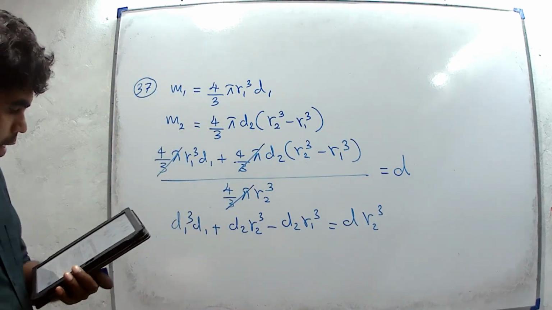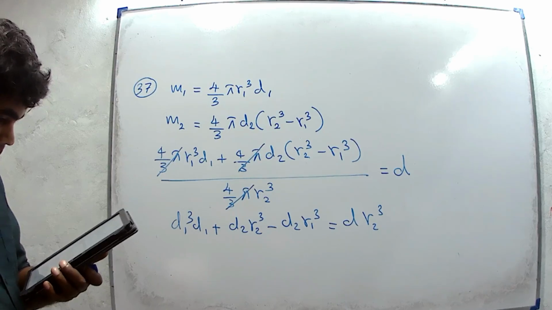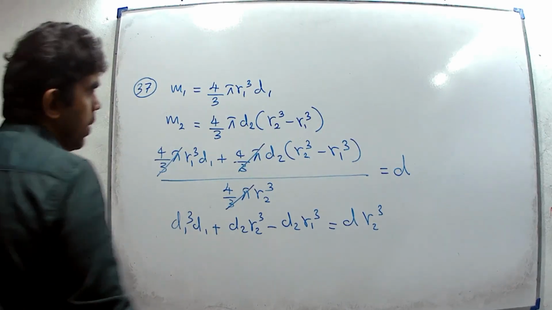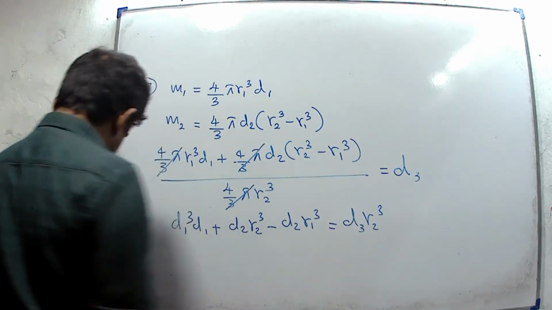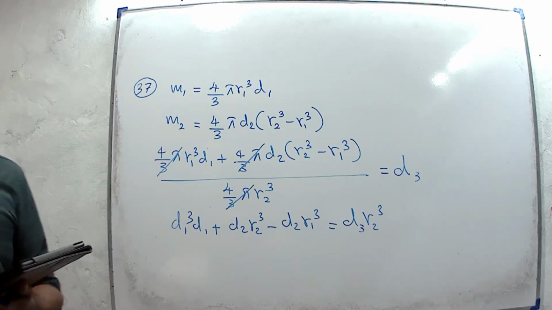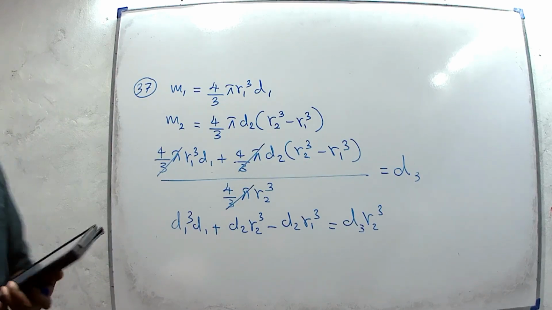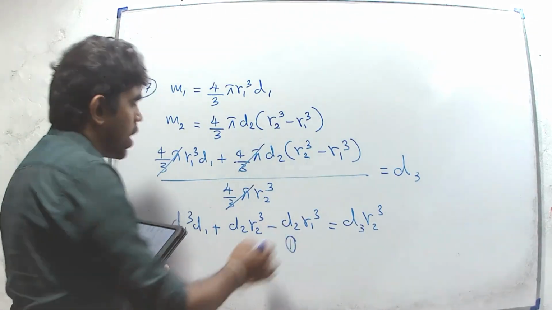They have given that the density of the liquid is d3, therefore this one should be d3. Then the first answer is the correct answer for question number 38.